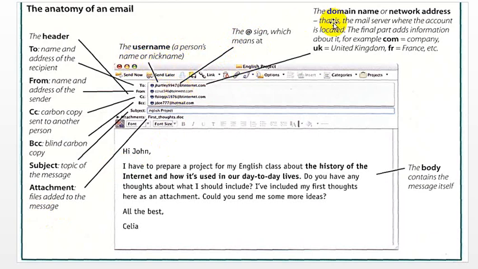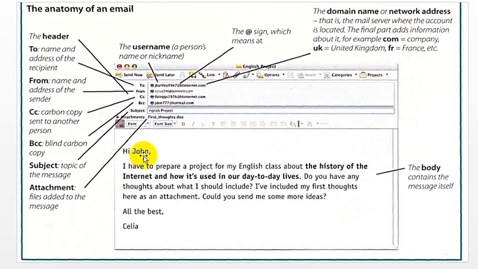Here the domain name or network address is the email server where the account is located. The final part adds information. For example, com equals company, UK means United Kingdom, FR means France, AF means Afghanistan.